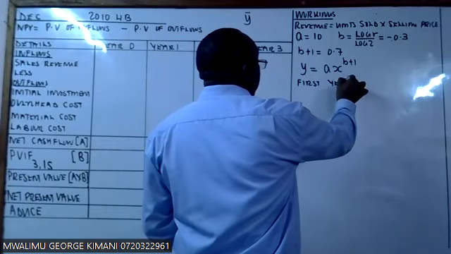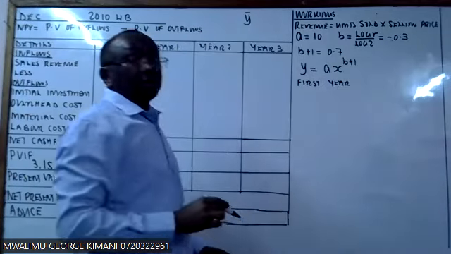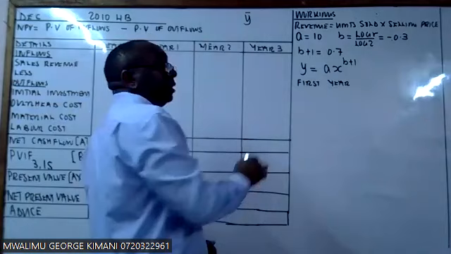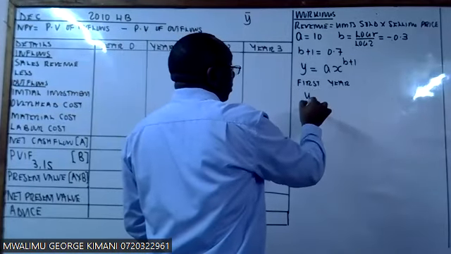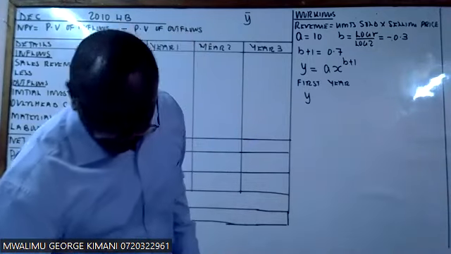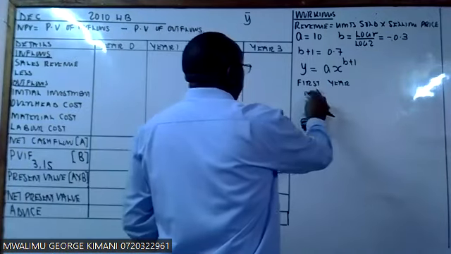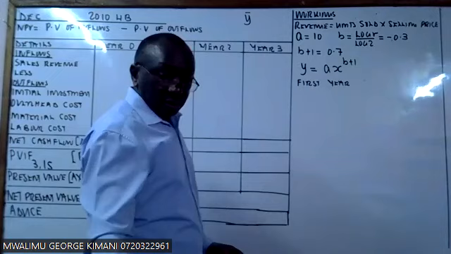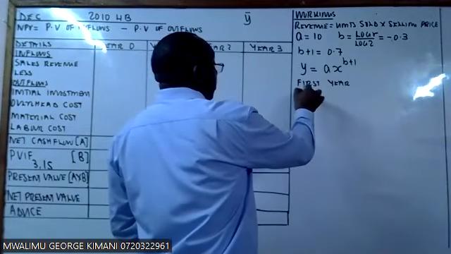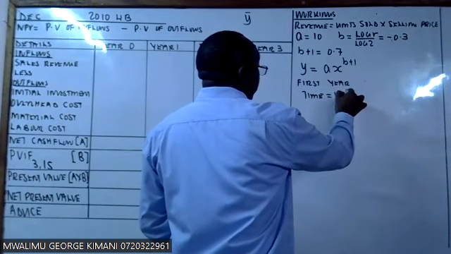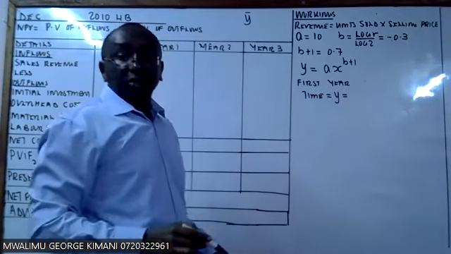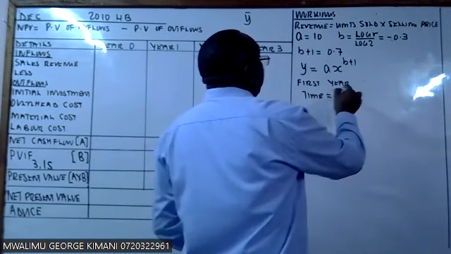Now, first year, the time that was available for first year, which is our Y, we are told it was enough to do 5,000 chairs.